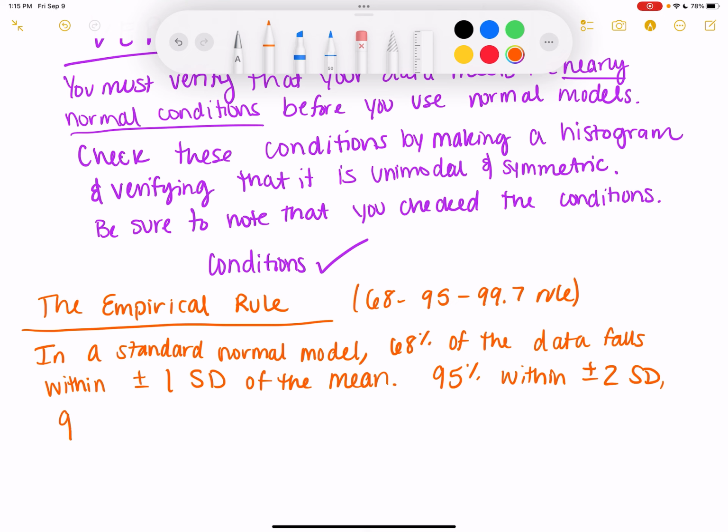And 99.7% within 3 standard deviations, or plus or minus 3 standard deviations of the mean.